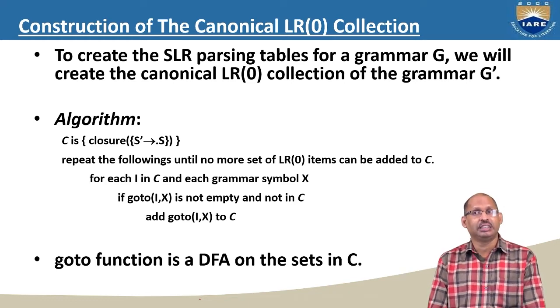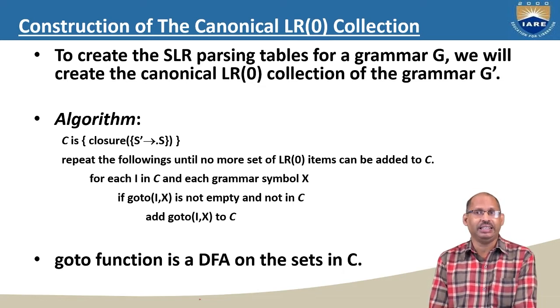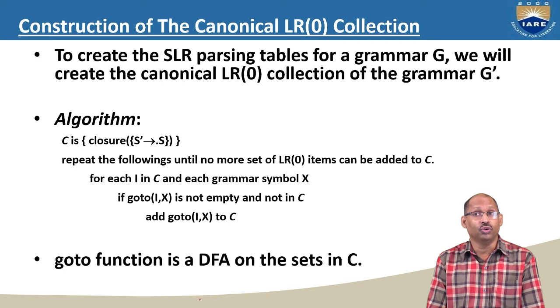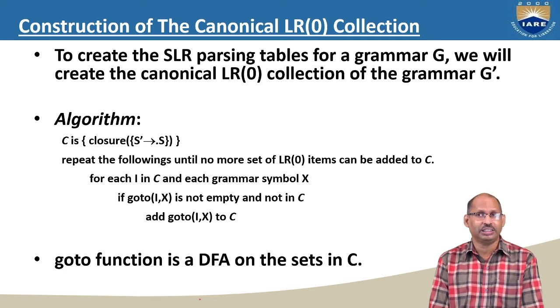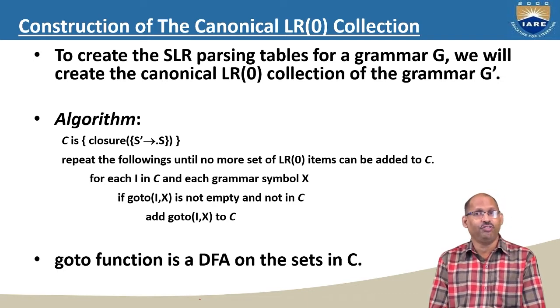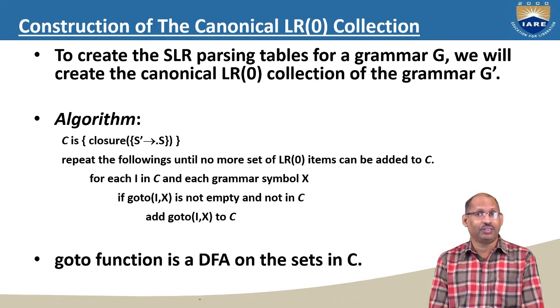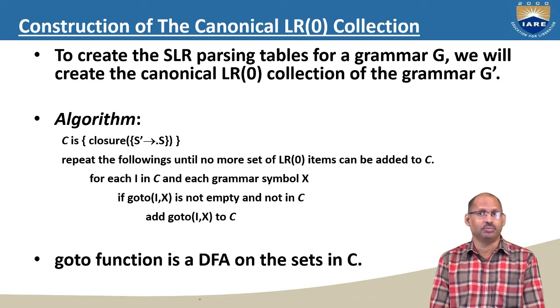It will result in new closure sets, and we repeat until there are no more closure sets and no more Goto operations. The Goto function is a DFA on the sets in C. So we consider the first closure set and find Goto operations on it, which result in new closure sets.